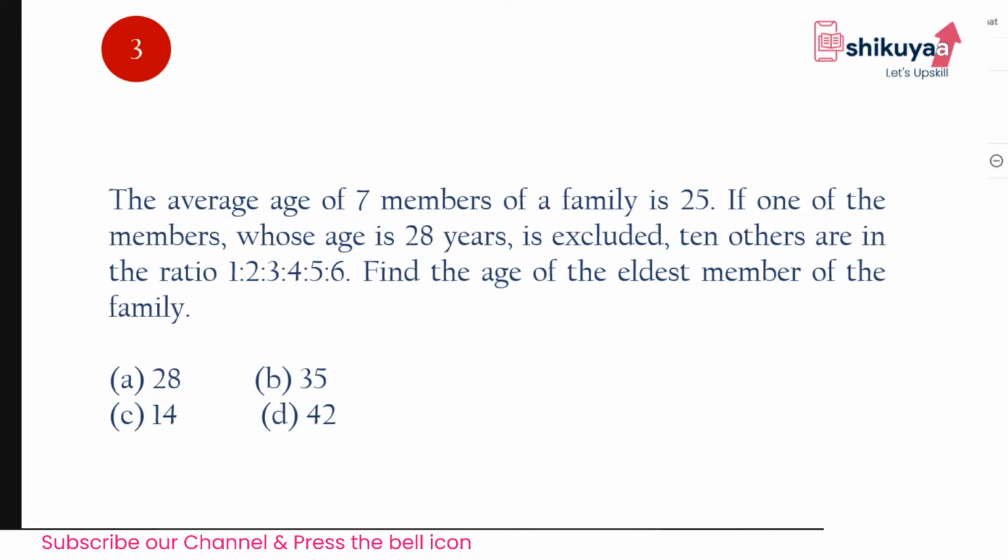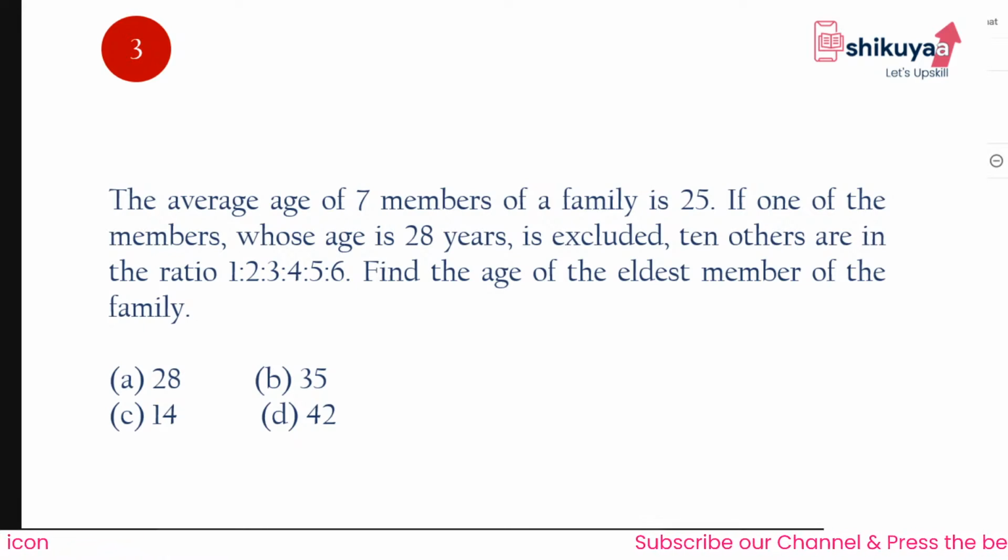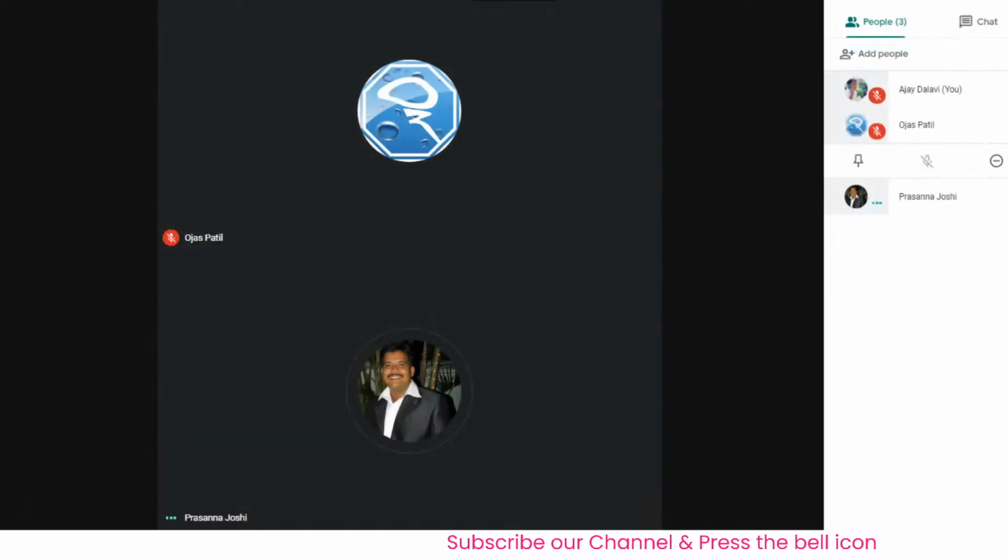And if I'm audible to all, if you're able to listen to me, please type 1 so that I will be able to get a feedback. Just type 1 if you are able to hear me. Ajay sir, is my screen sharing working?